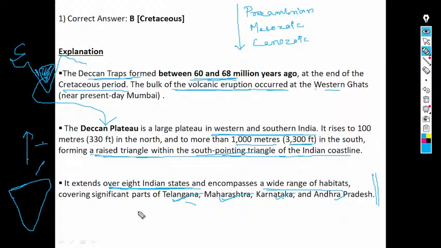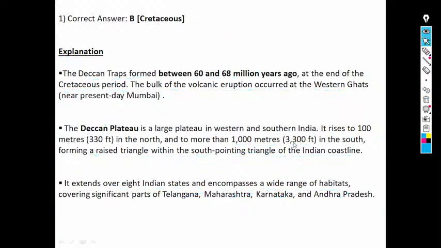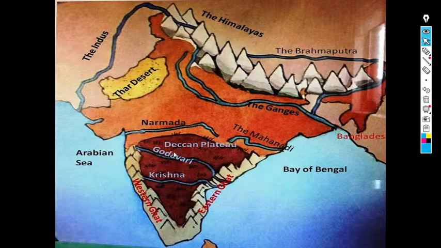Okay, Telangana, Maharashtra, Karnataka and Andhra Pradesh particularly. Okay, next. See this one. This is the Deccan Plateau. This is Godavari and this is Krishna. This is the Western Ghat. Just look here.